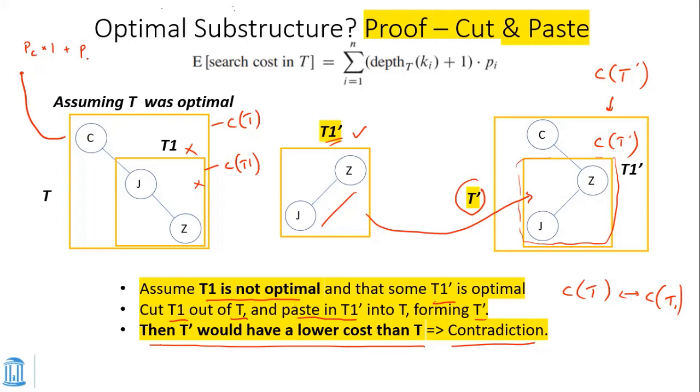The cost of the subtree, so J, Z times, so that's going to be the cost of T1.